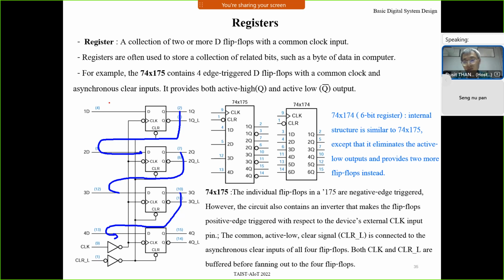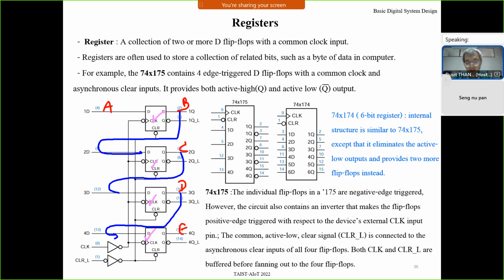For example, if this input is A, this output is B, C, D, and E. When the clock ticks, every flip-flop will read the data at the same time.